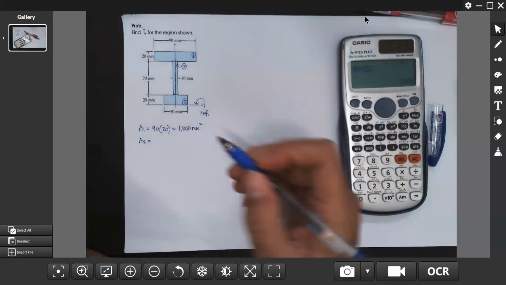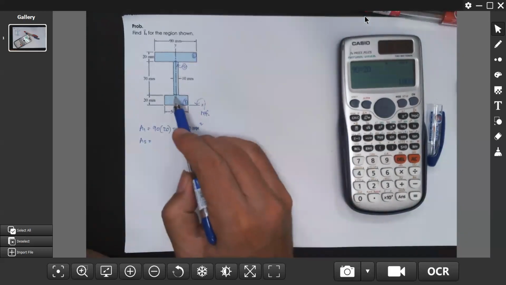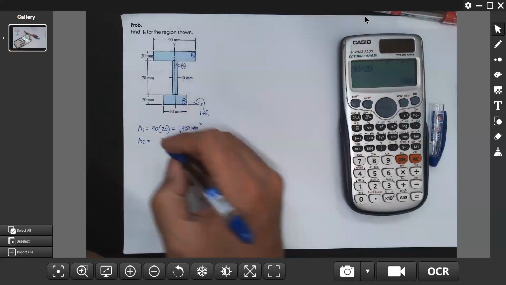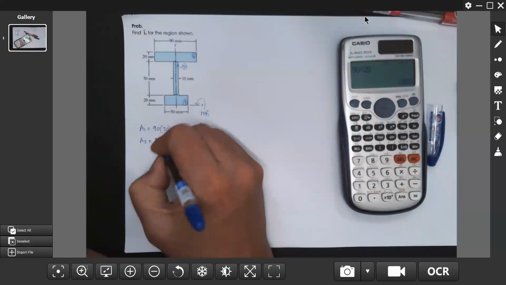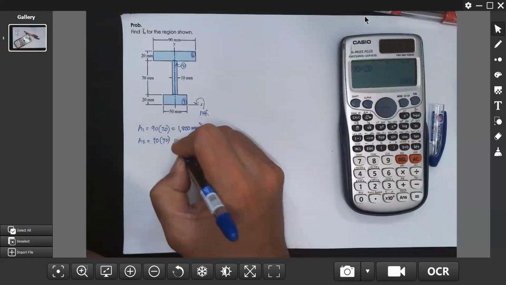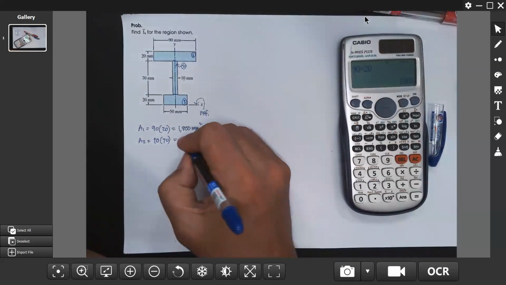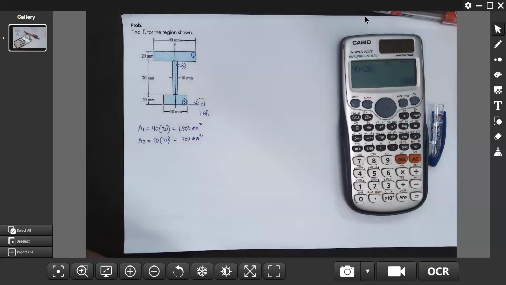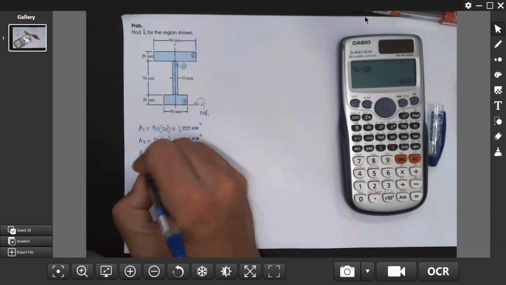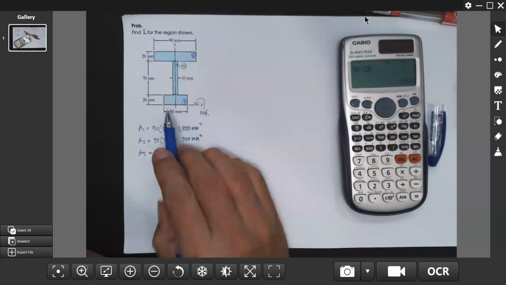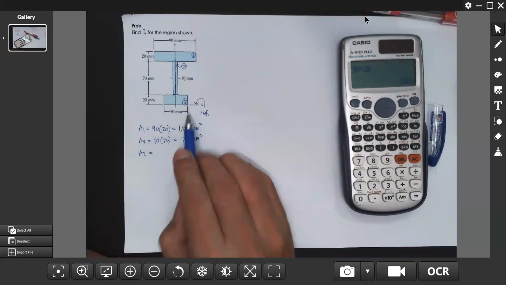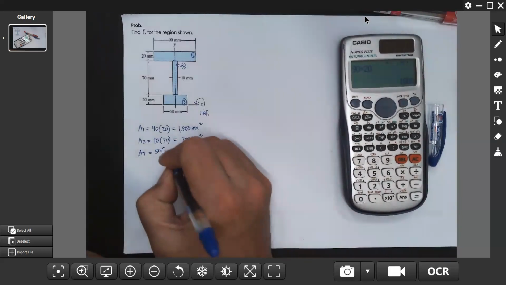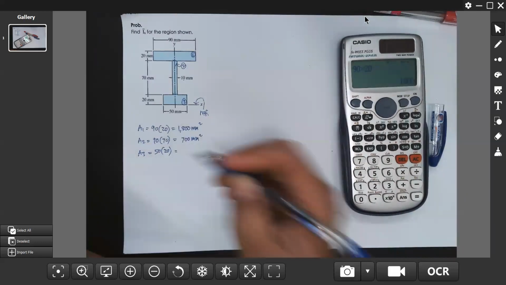For element 2, the area is this one, base 10 times height of 70. So that's 700. And area 3 is this one, 50 times 20. That's 1,000.